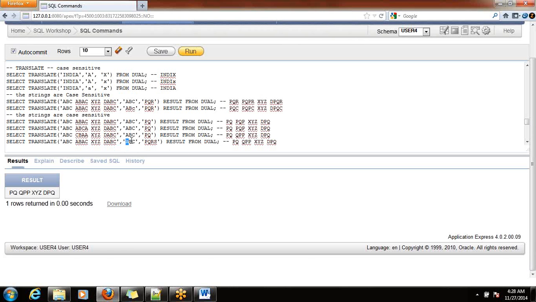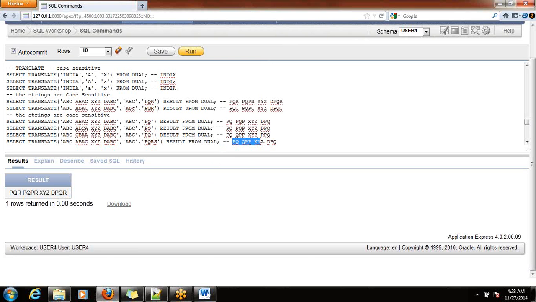Now you can see I deliberately give ABC to be translated to PQRS. I execute this. So ABC is giving PQR. Let me take this result and put it here. It's not correct.